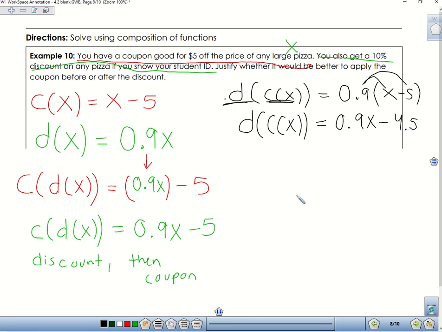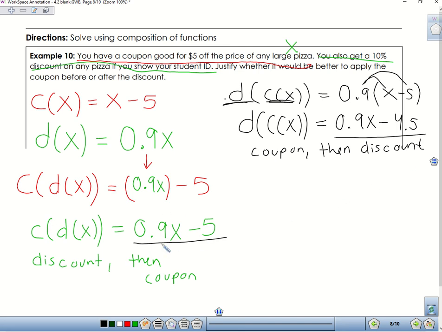So this is when you apply the coupon, then discount. Okay. So if you apply the discount, the 10% off, and then you take away the coupon, this would be the price of your pizza. If you apply the coupon and then the discount, this is your pizza.